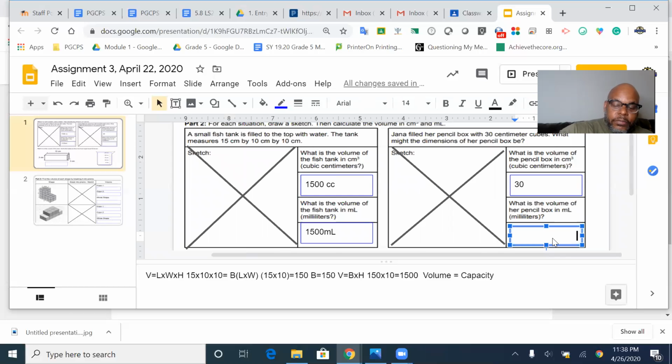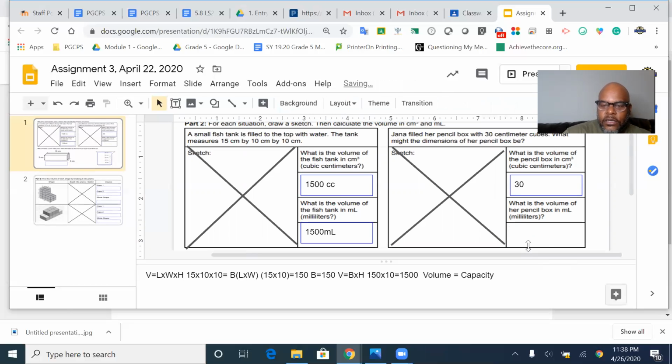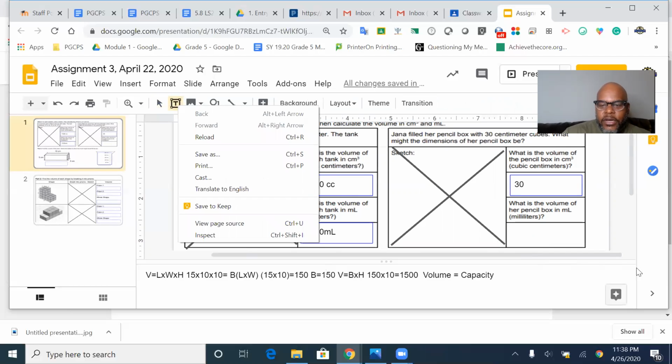So the answer is going to be, why did it flip upside down? That's interesting. All right, let me see if I can fix that. Let's add another text box.